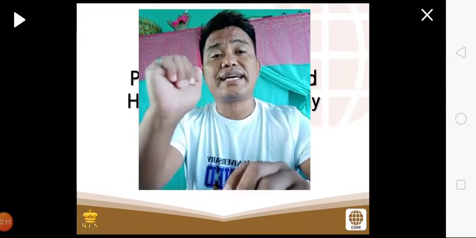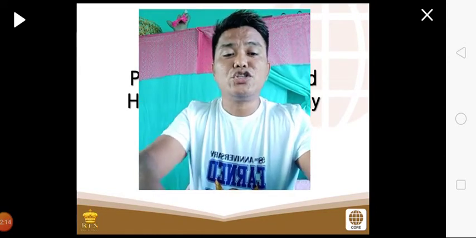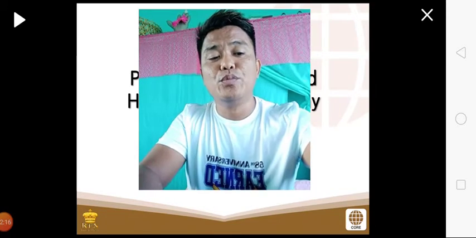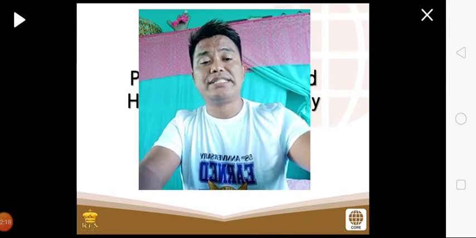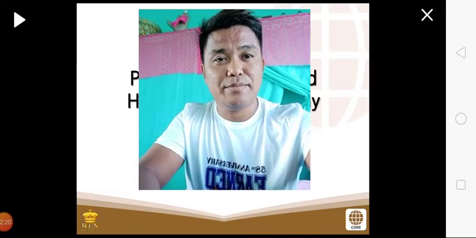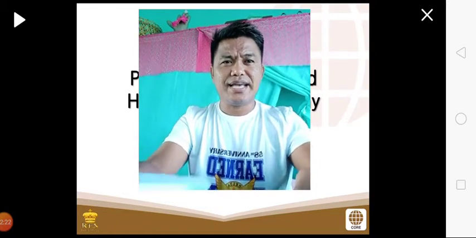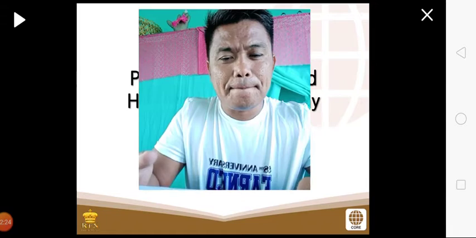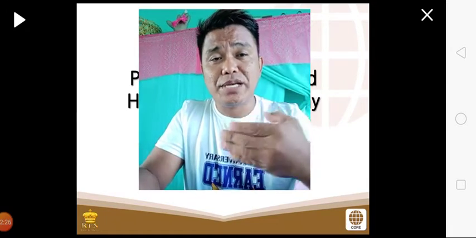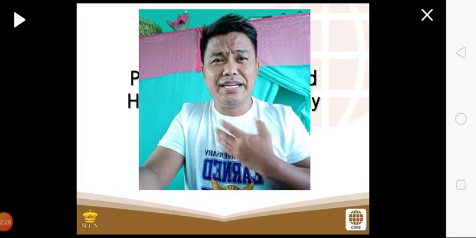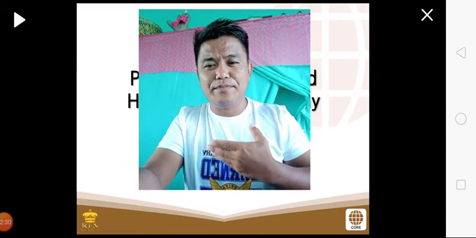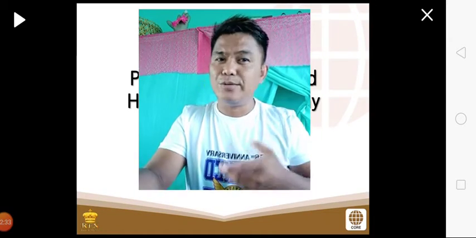Aerobic exercise is primarily to improve the cardiovascular system through aerobic metabolism. It improves your cardiovascular and immune system, so you don't easily get weak.